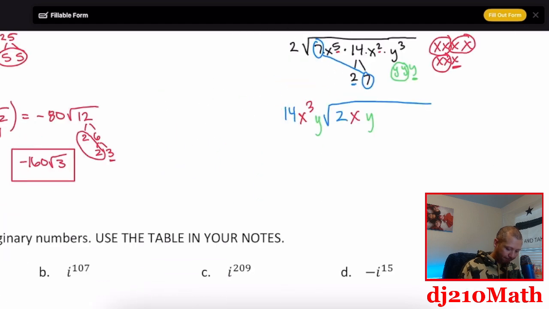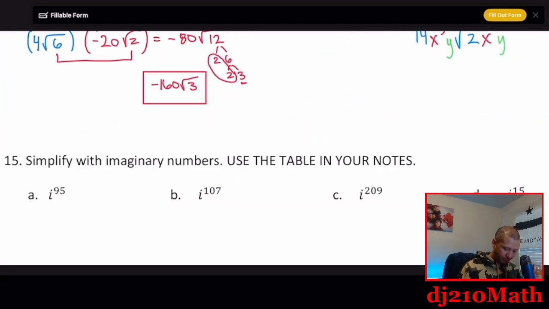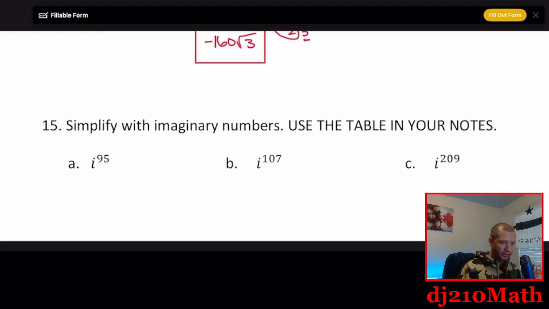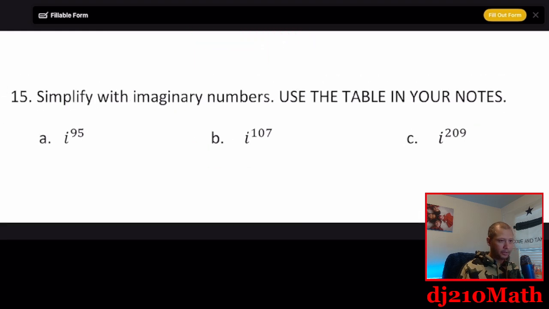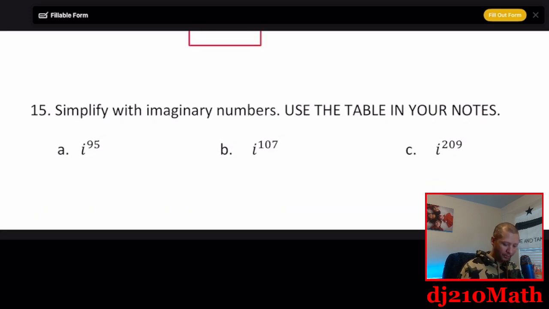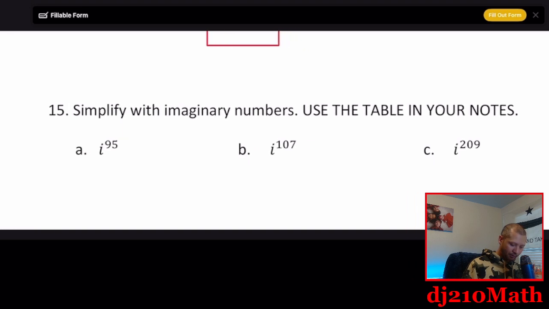Okay. Simplify the imaginary numbers using the table in your notes. Okay, well, I'm just going to give you the table right now. So the table looks like this. I, -1, -I, 1.